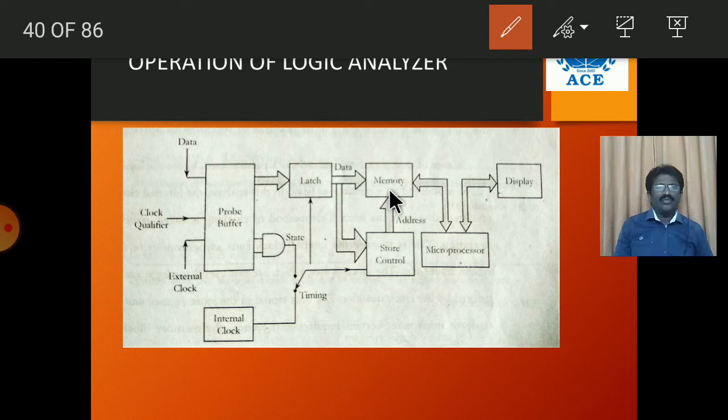This logical information is latched at the end of each clock state. So logic data in synchronization with the system under test can be captured in synchronous operation. So this is the state operation of the state analysis.